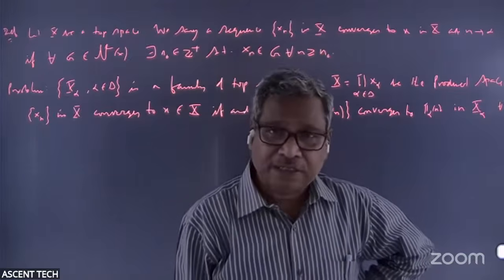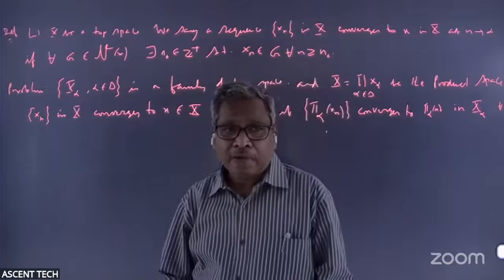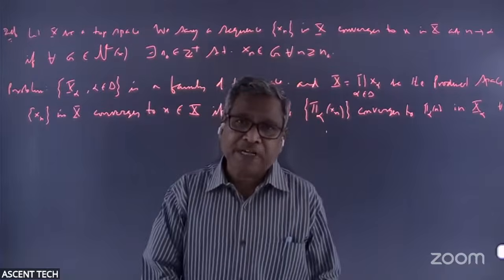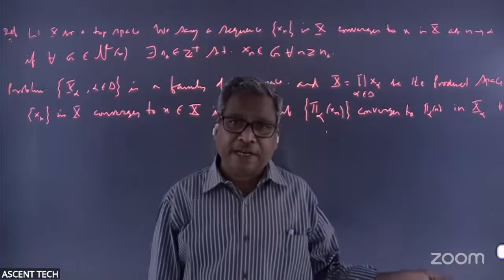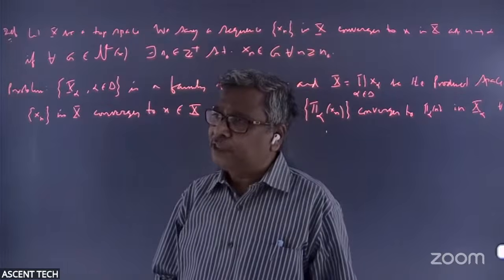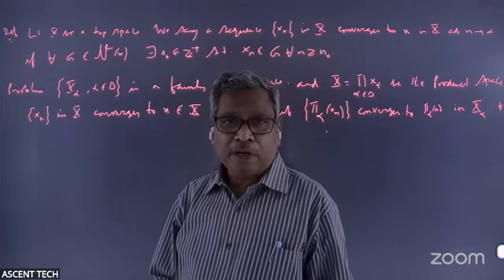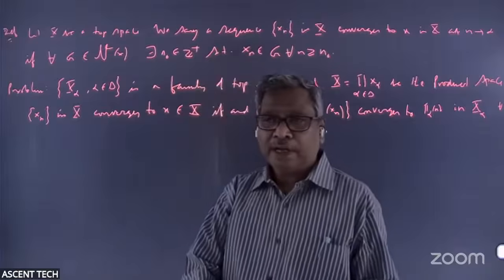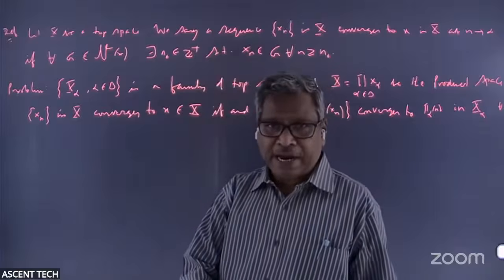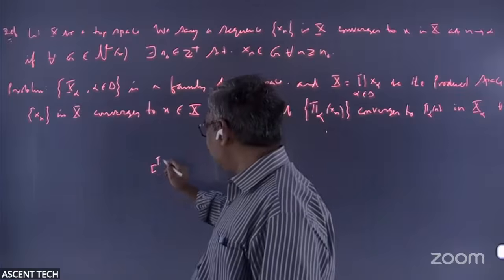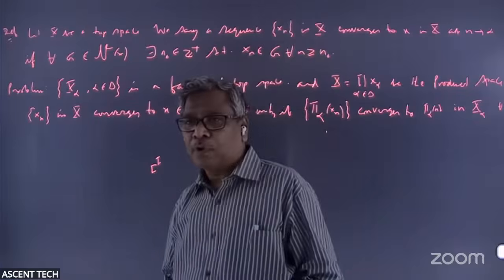Then we ask whether, if the individual spaces have this property, does the product space have the property or not? Like in the previous class, I showed you that even if the individual spaces are second countable, the product space need not be second countable. I proved that for one particular example.